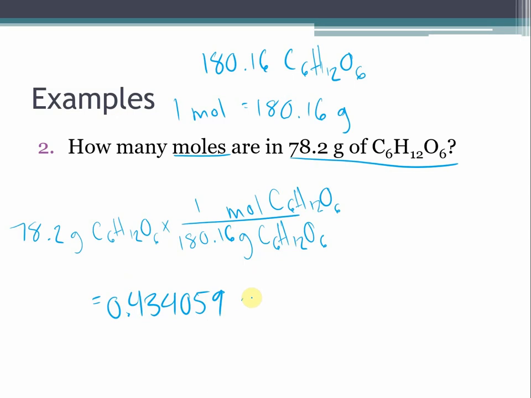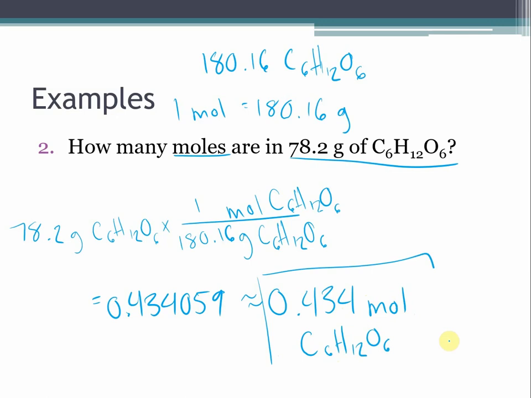That's going to round to 3 sig figs here, 3 sig figs in our answer. This will round to 0.434 moles of glucose, moles of C6H12O6. We have a number with correct sig figs, we have a unit, and we have the thing we are talking about. So that's our answer here.